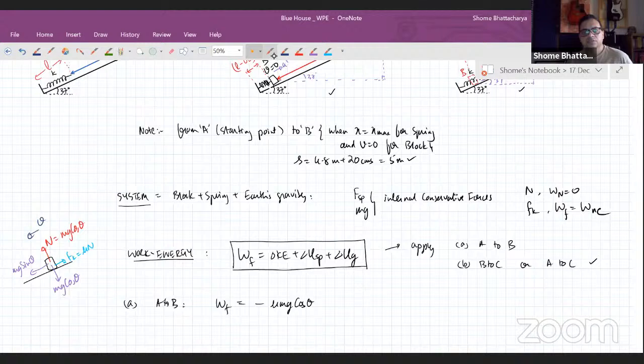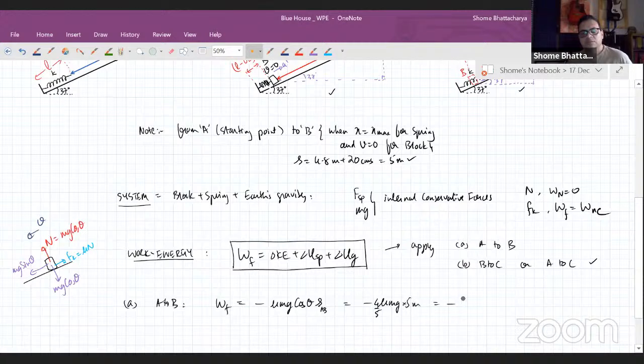So work done by friction is going to be minus mu mg cos theta into S, and the downward displacement from A to B. So that is going to be minus mu mg into 4 by 5, okay, into 5 meters.